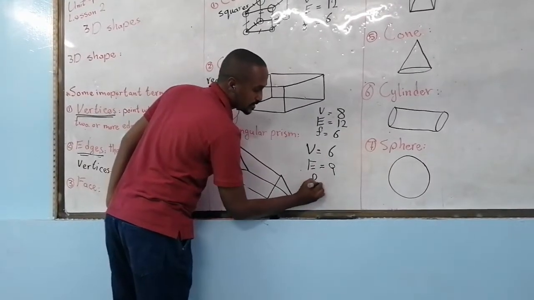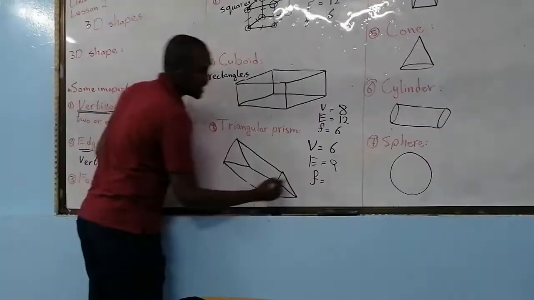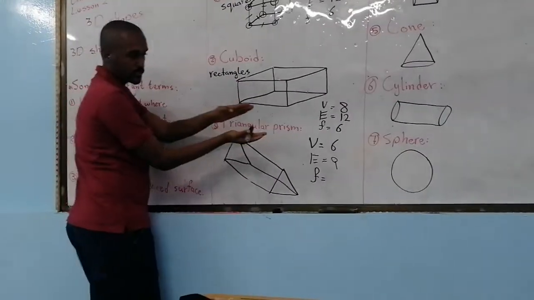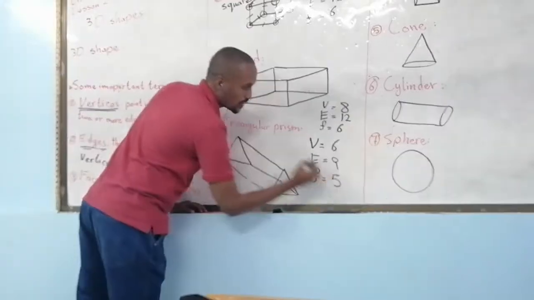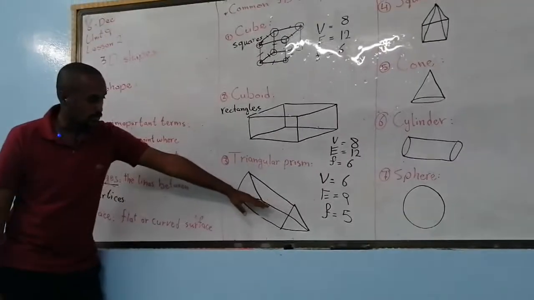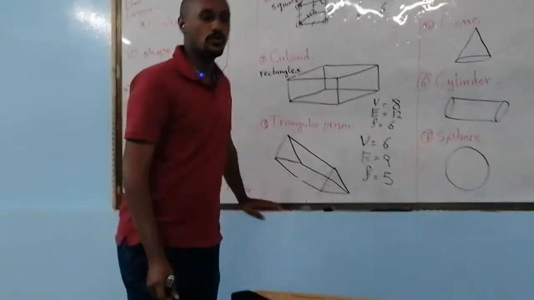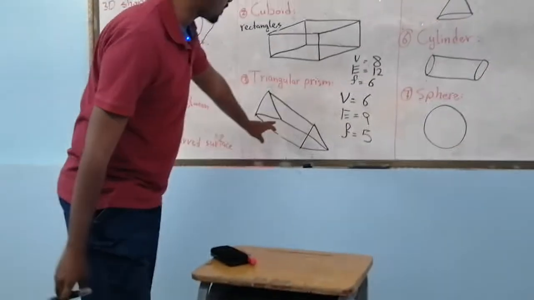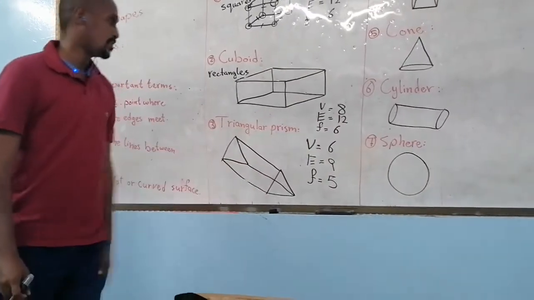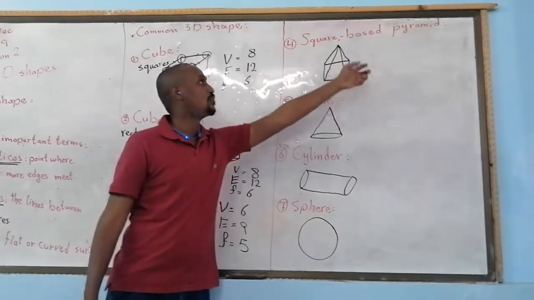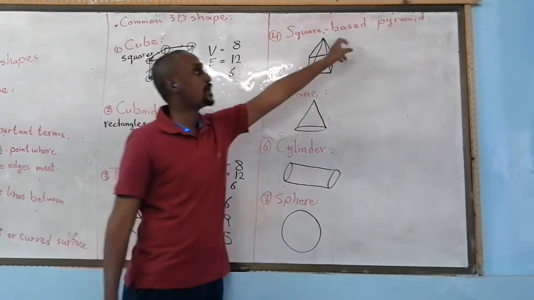How many faces? 1, 2, 3, 4, and 5. It has 5 faces. At home, try to do something like this. This is the triangular prism.